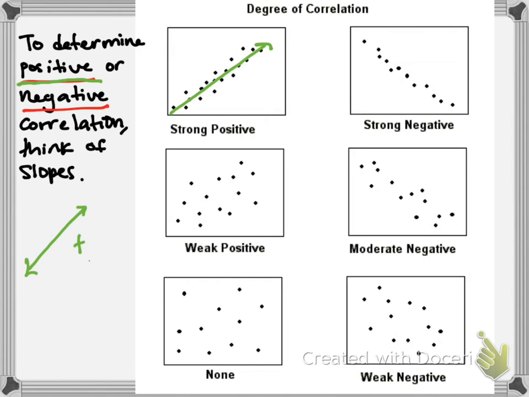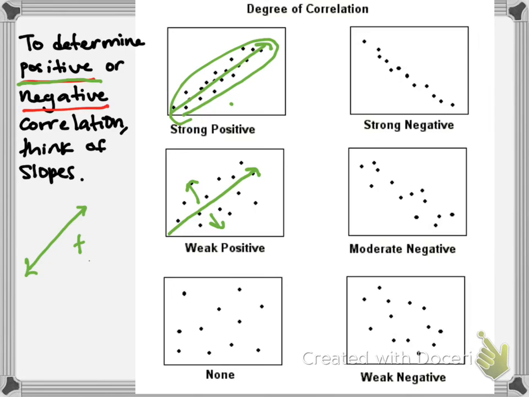The second graph is a weak positive correlation. It's kind of going up, but it's pretty far apart. This one up here is strong because all the data is really close to this trend line that I drew. And the bottom graph on the left here has no correlation. The data points are just really sporadic.